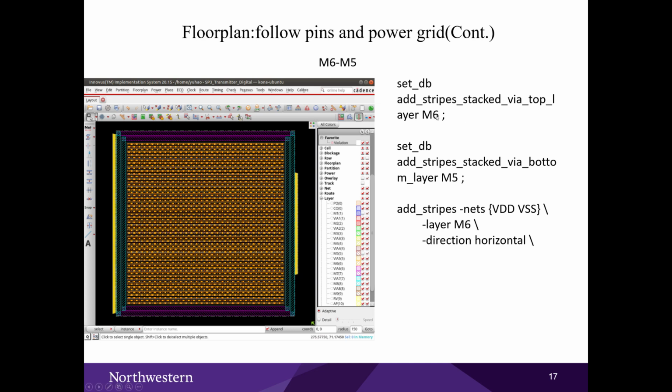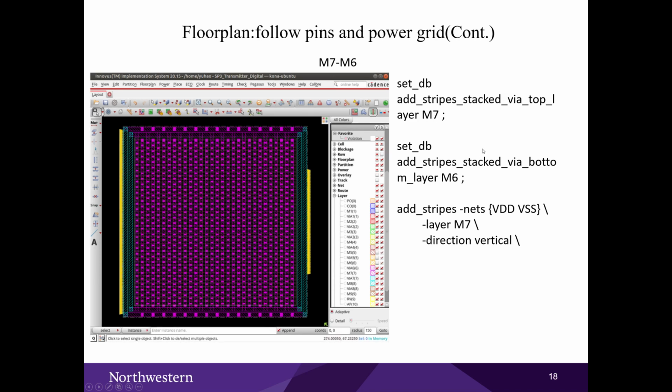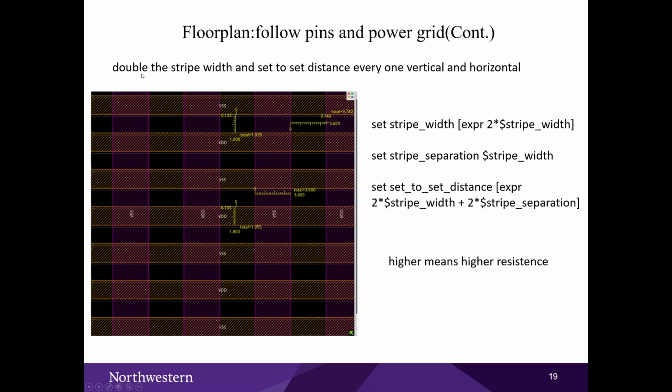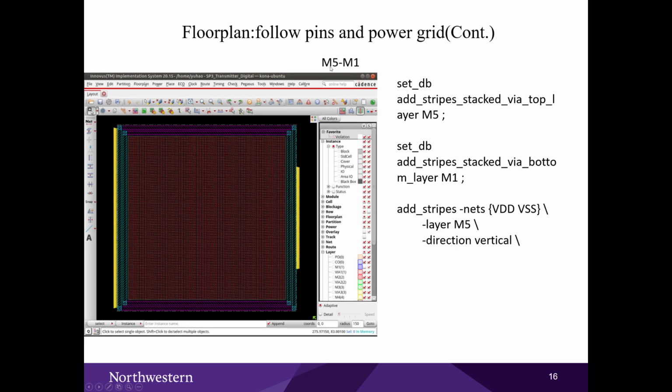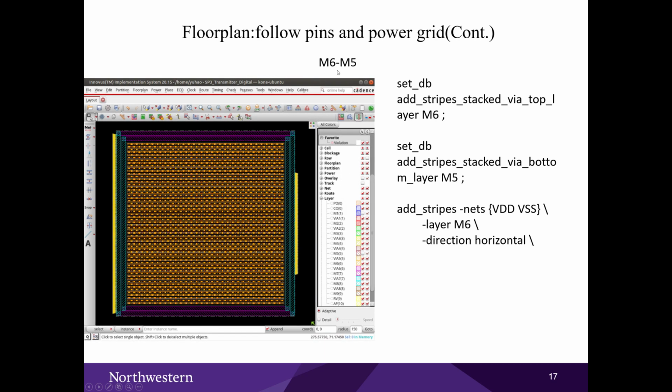We just change M5 to M6 and M1 to M5, and also direction to horizontal. So we create power stripes on M6, and also we create power stripes on M7. There's something we should notice: we double the stripe width and set-to-set distance every one vertical and one horizontal layer, which means we create M5 power stripes and M6 power stripes.